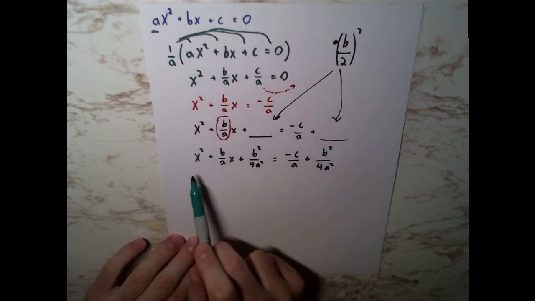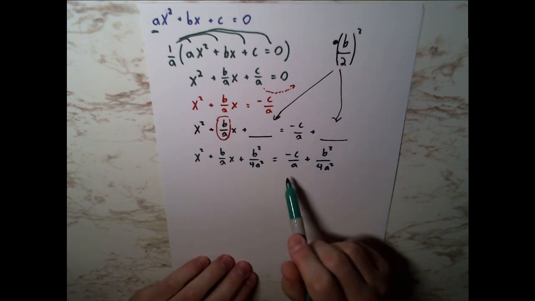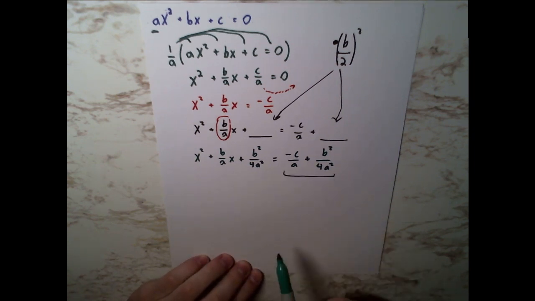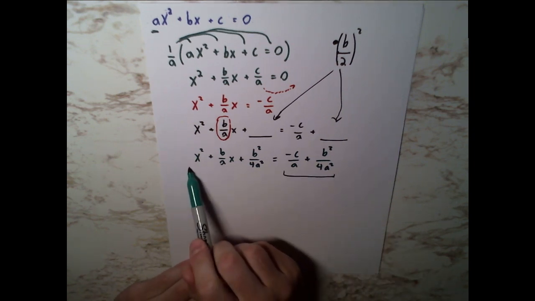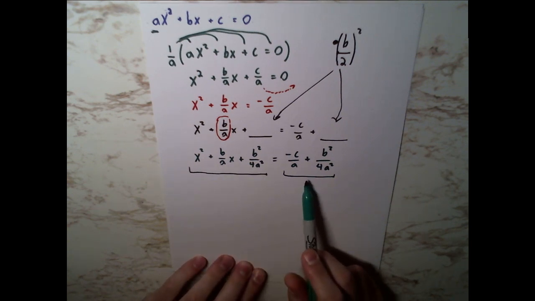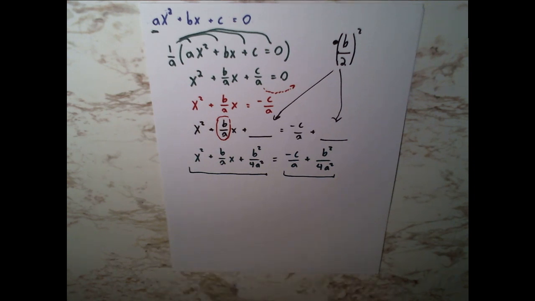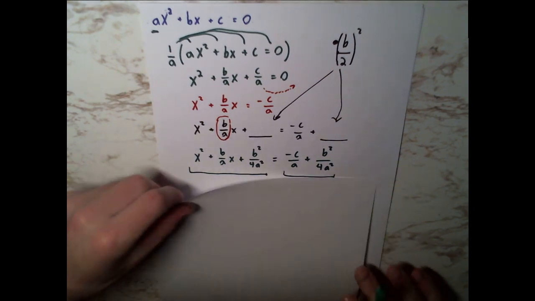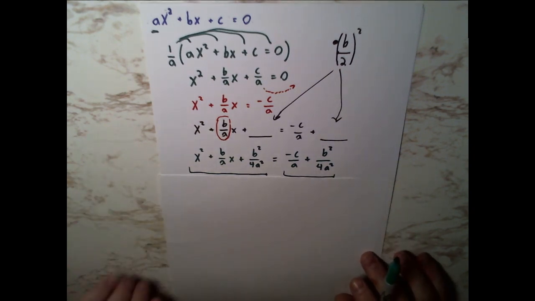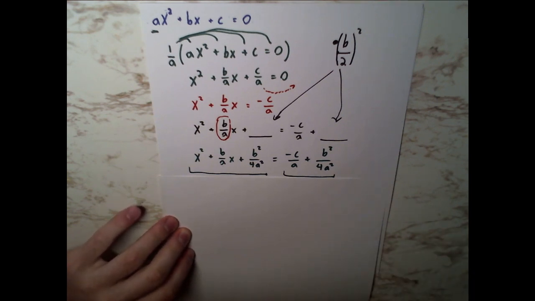So once we get to this point, we normally want to simplify these two terms here and then factor these three terms here. When we're simplifying these two terms, it's normally just adding two numbers together, but it's a little bit more difficult because everything is in terms of variables.